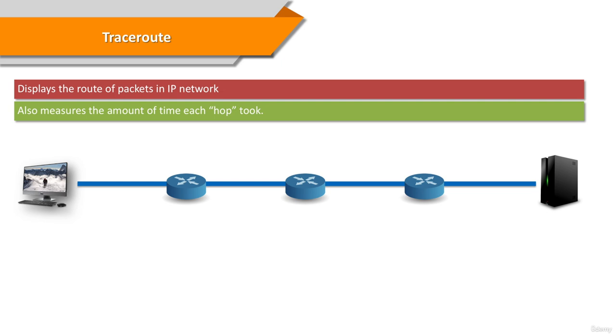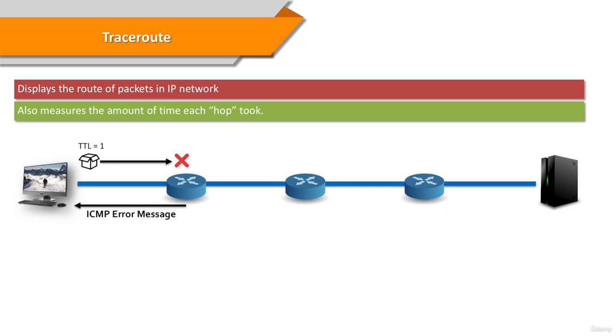As the packet passes through a router, the TTL is decremented until, when the TTL reaches 0, the packet is destroyed and an ICMP time exceeded message is returned. Traceroute works by setting the TTL for a packet to 1, sending it towards the requested destination host, and listening for the reply.